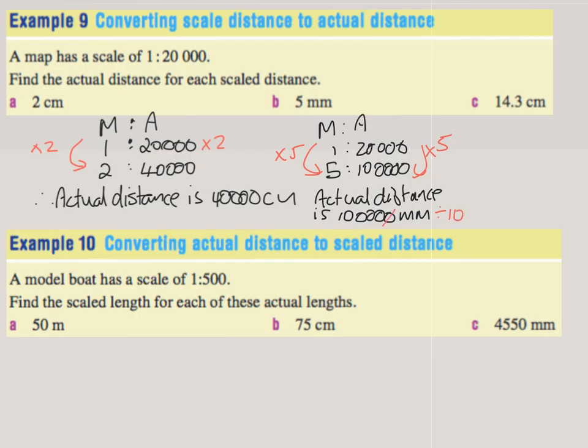If I divide by 10, it's going to give us 10,000, which is still a little bit weird. So you're going to divide by 100, which means that's going to give us 1,000 centimeters. 1,000 centimeters is still a little bit weird. So we're going to divide by another 10, which will take us to meters. And that will give us then 100 meters. So a sensible answer will be the actual distance is 100 meters.